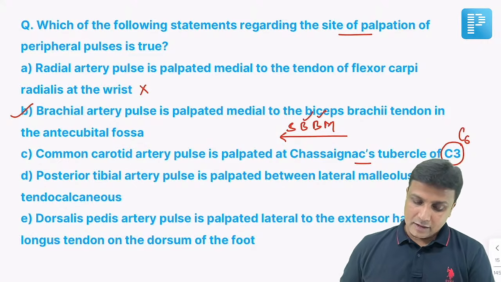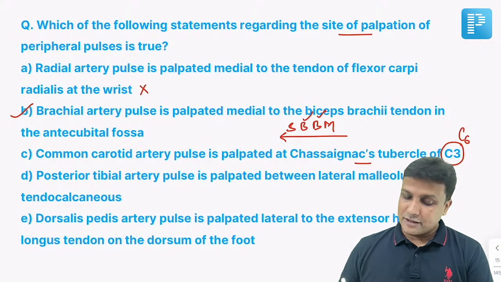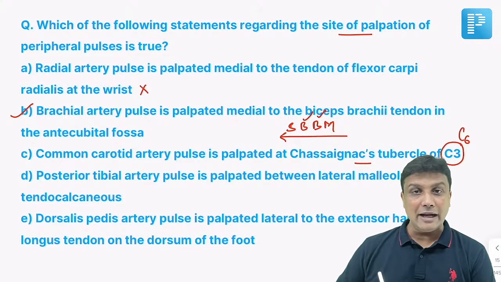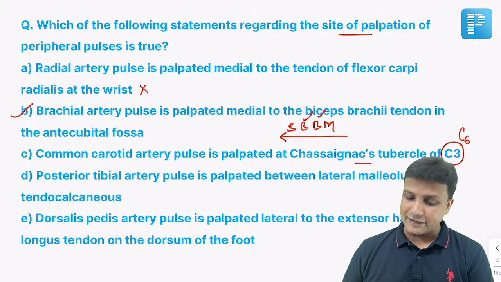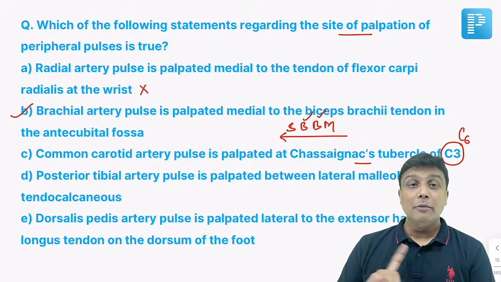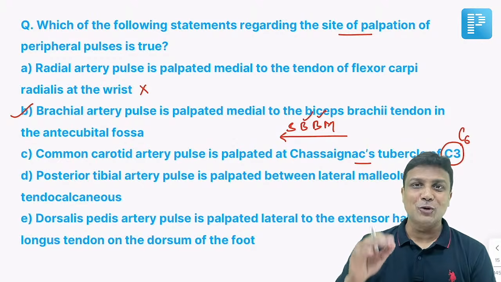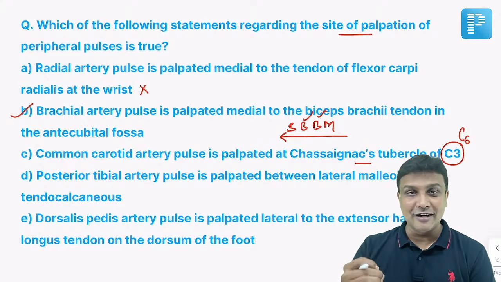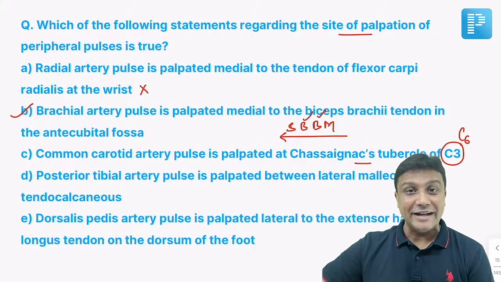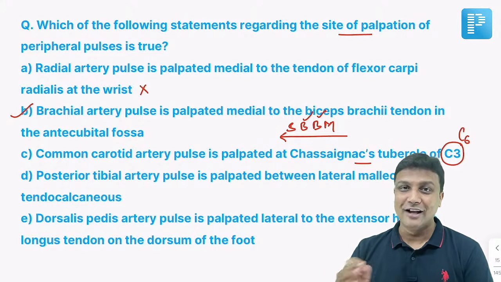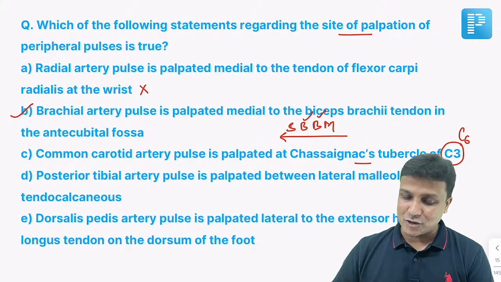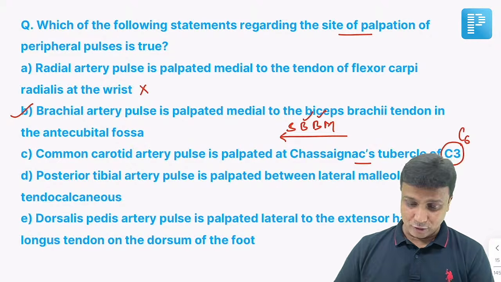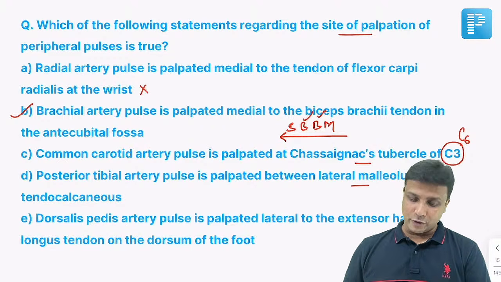Posterior tibial artery pulse is palpated between the lateral malleolus and the tendocalcaneus. Remember, the posterior tibial artery passes through the tarsal tunnel, and the tarsal tunnel is present towards the medial side, not the lateral side. So it has to be the medial malleolus. This is also a wrong option.